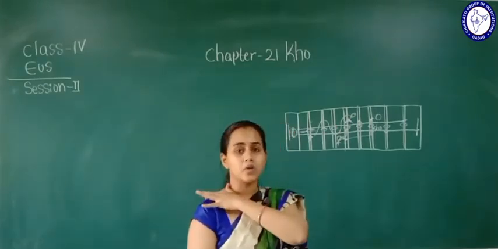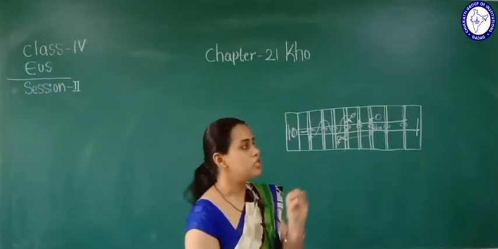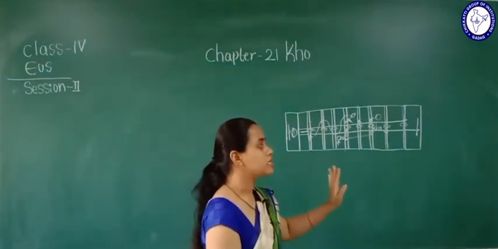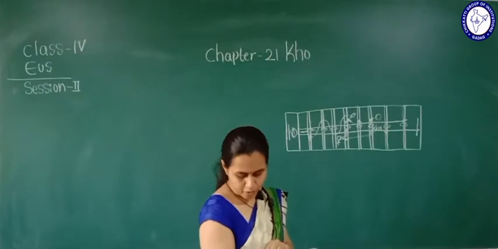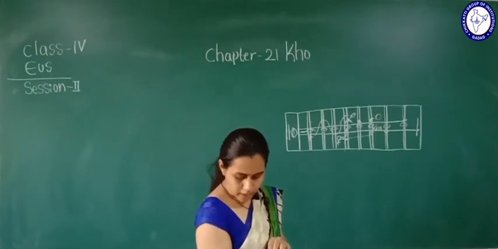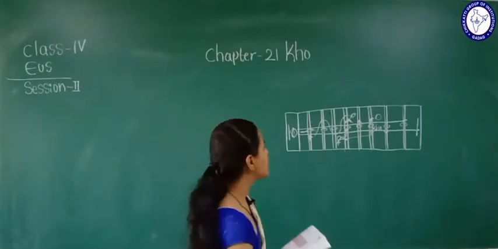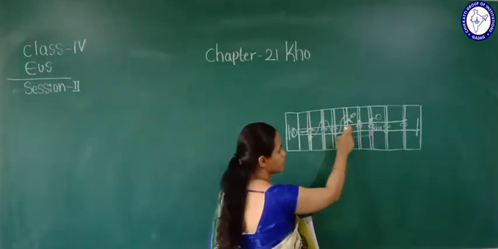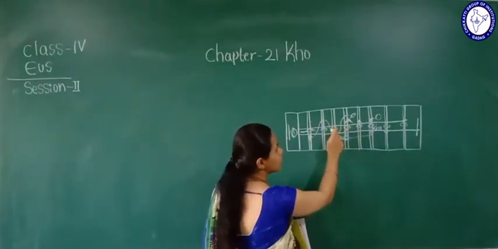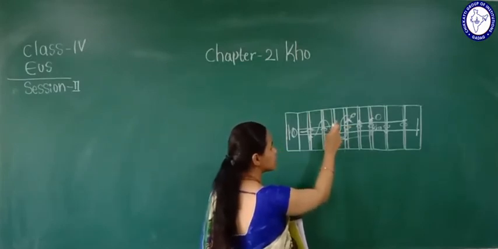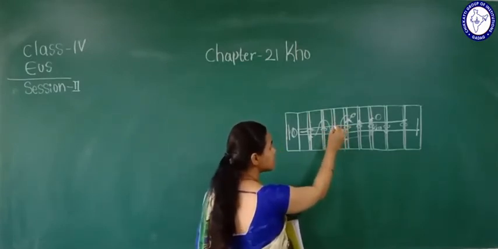To the back only. So we should touch only the back and we should say kho. One should not get up without giving kho, otherwise is out. If we are giving kho to this person and this player gets up, this player is out.